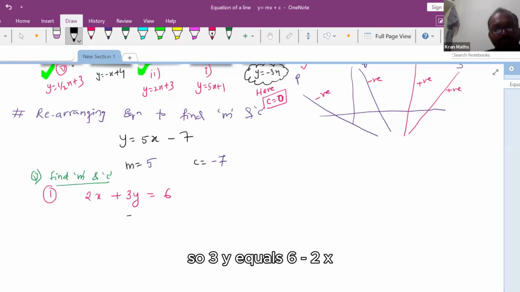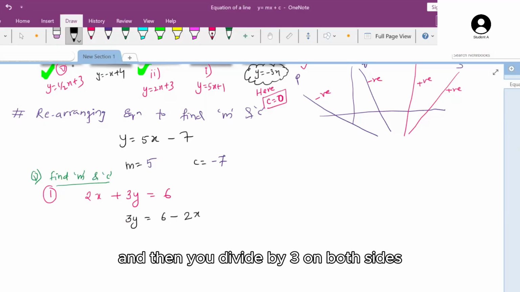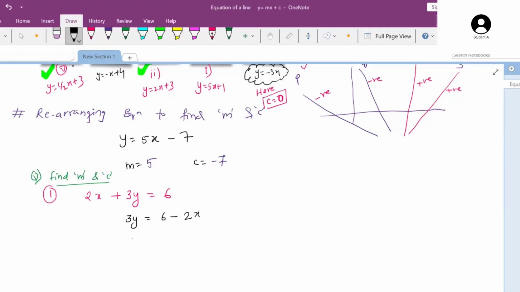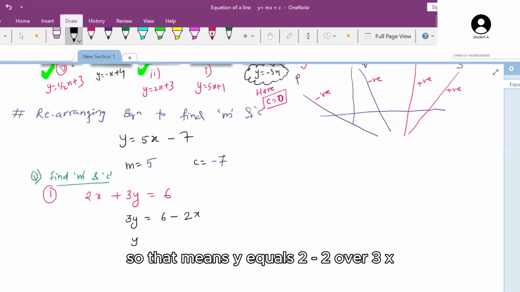So 3y equals 6 minus 2x. And then you divide by 3 on both sides. So that means y equals 2 minus 2 over 3x.